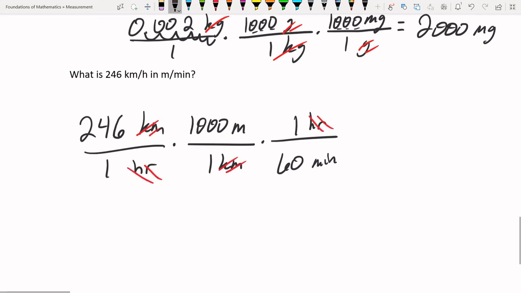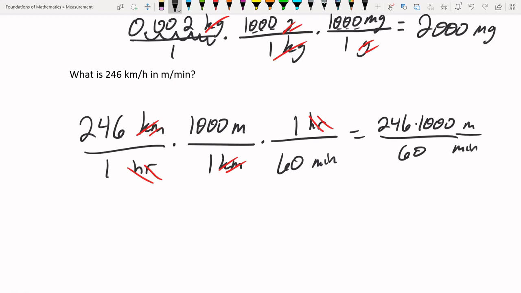Those cancel. And we get meters on top, minutes on bottom. So we've gotten the correct units. This is going to be meters per minute, which gives us 4,100 meters per minute.